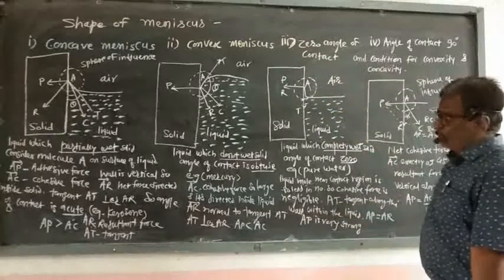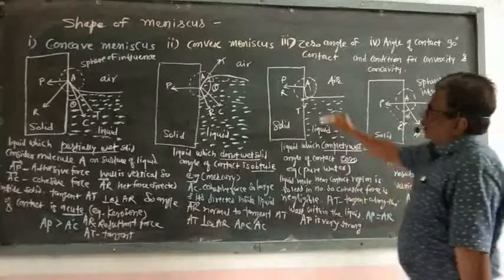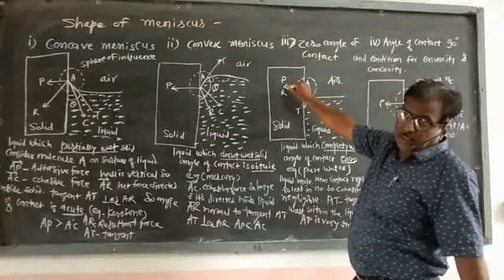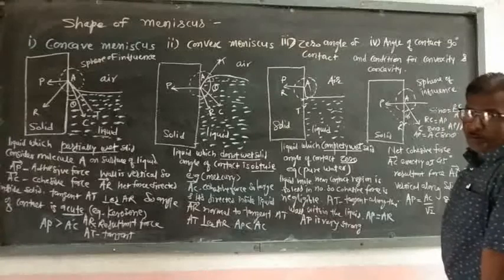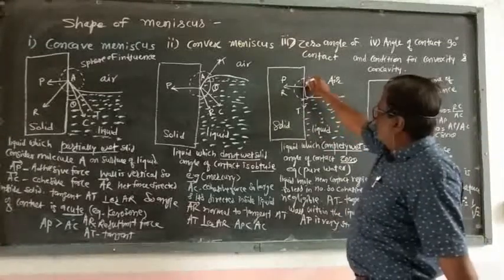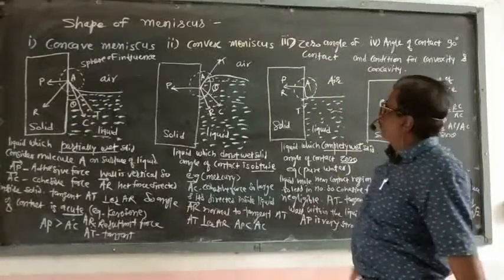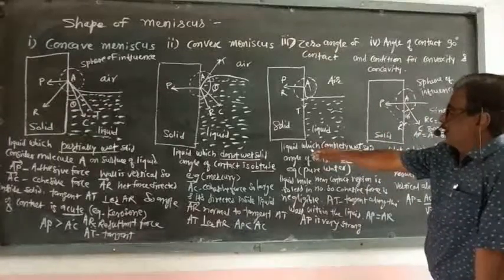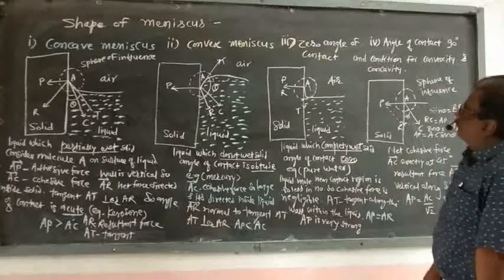Here AP is equal to AR, that is, the adhesive force is equal to the resultant force. So the adhesive force is very strong here. So the angle of contact is zero, and this occurs when the liquid completely wets the solid.